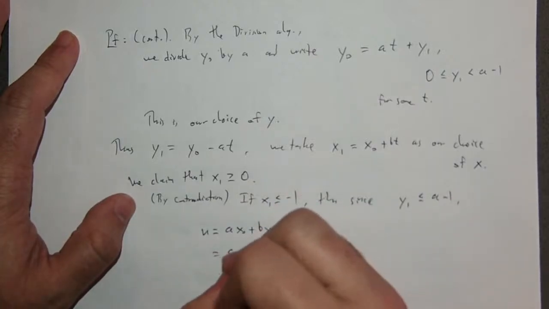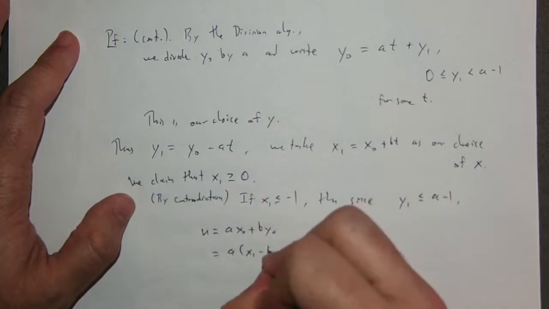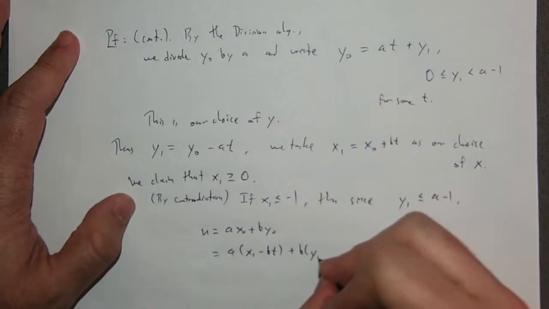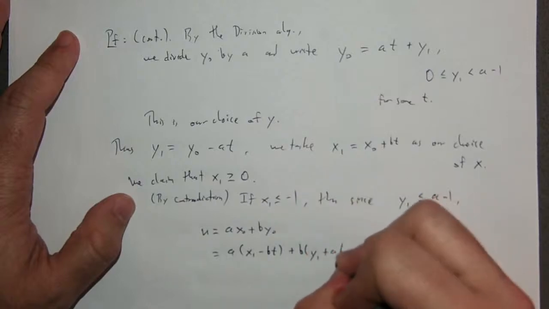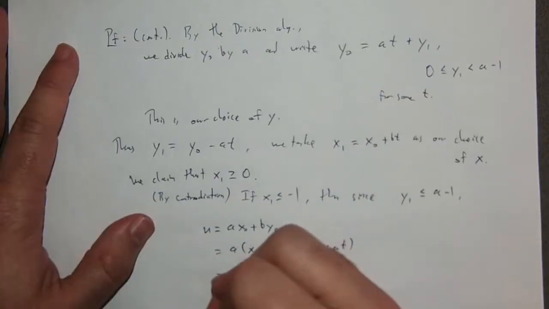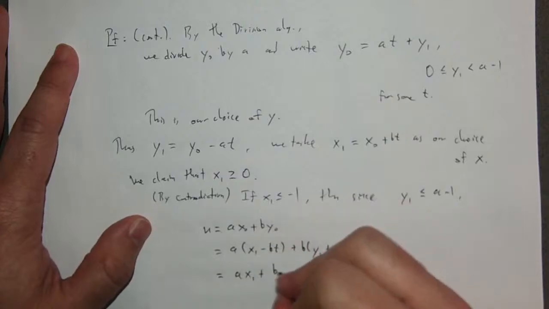But this is a times our x naught, here is x sub 1 minus bt, plus b times y sub 1 plus at. Okay, so in this way, I'm going to get a times minus bt and b times at. So those are going to cancel, and what I'm actually going to get here is ax sub 1 plus by sub 1.